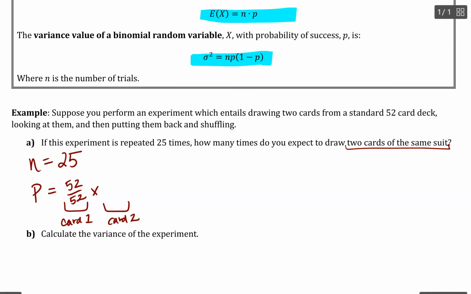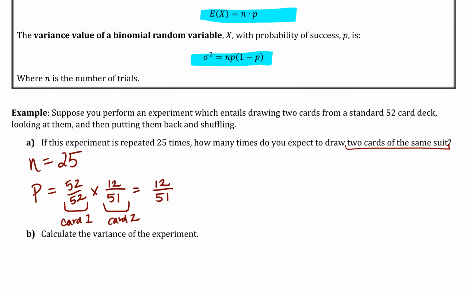So now for our second card, if we want it to match that suit, there are now 12 different cards left in that suit, and there are 51 cards left in the deck because we want the suit to match. And remember, there's 13 cards of a certain suit, and those are things like hearts and clubs. So now, basically we have the number 1 times 12 over 51, which is just the probability 12 over 51.